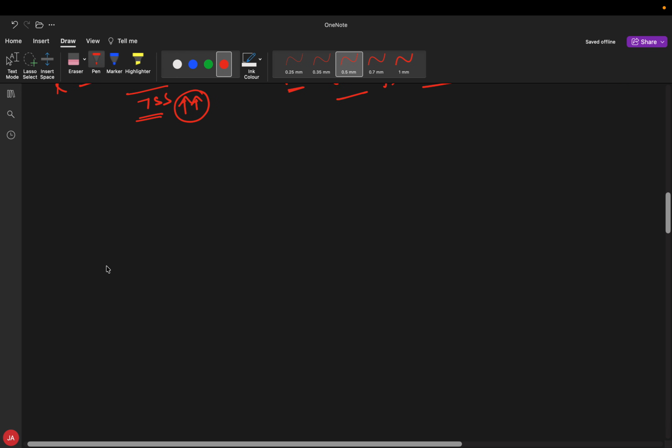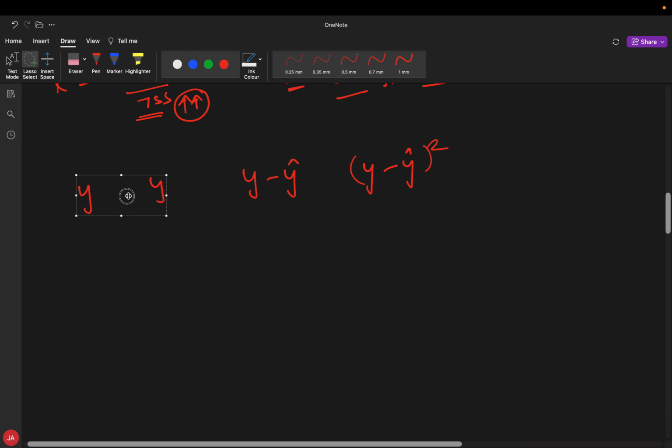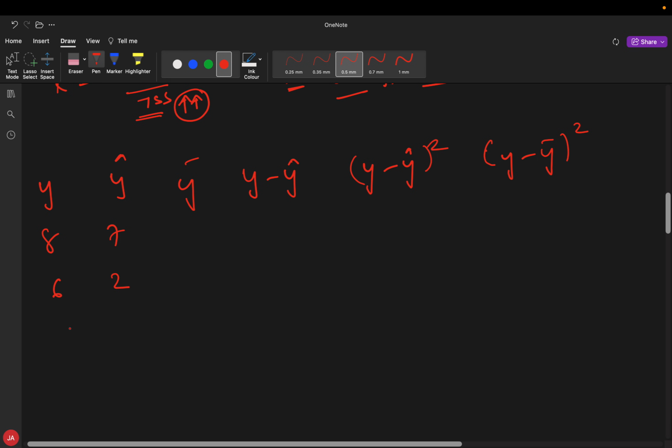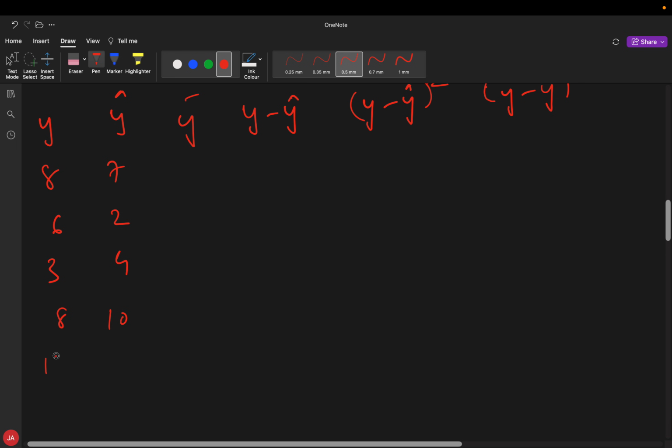Let's say for r square we compute y minus y predicted, squared, and we compute y mean also, and y minus y mean, squared. Say the y predictions are 8, 7, 6, 2, 3, 4, 8, 10, 14, 13, right?